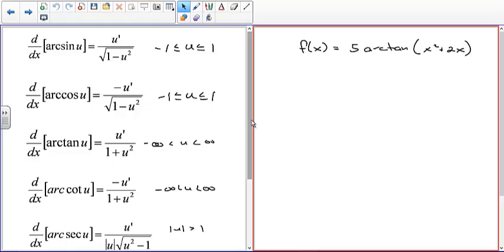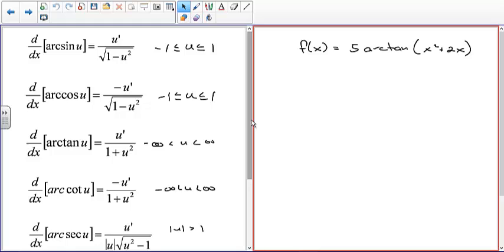And on the right hand side, you can see the domain, the allowable values of u in this case. So u can be between -1 and +1 for the sine and the cosine, because the sine of x goes between -1 and +1.